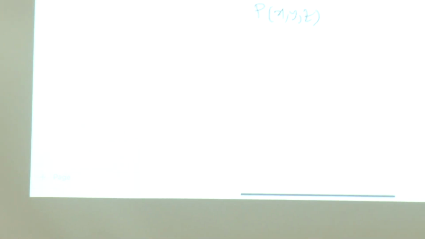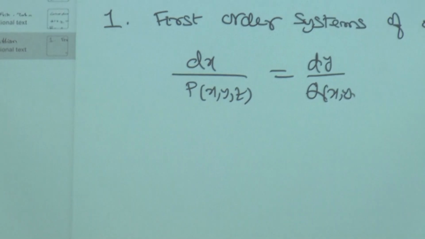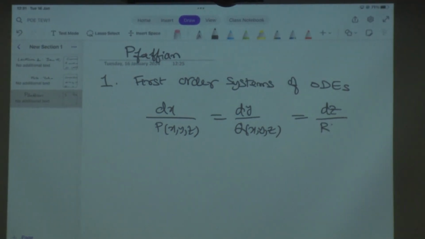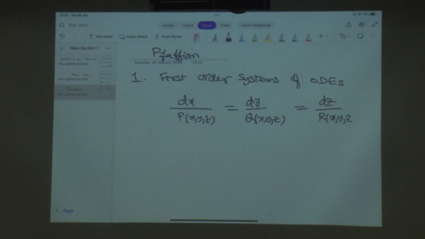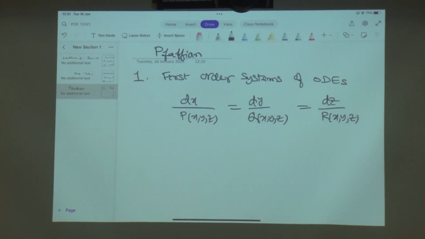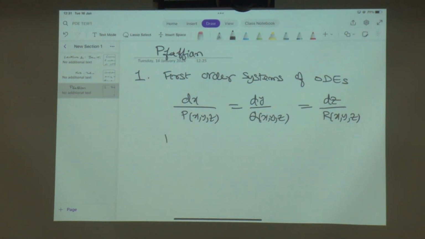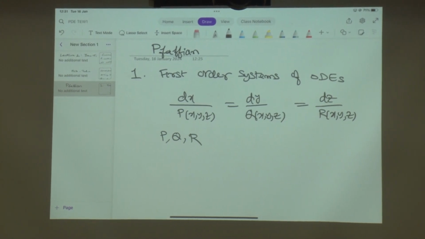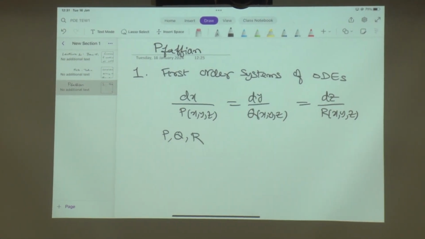Usually we see equations of this type, but what are they? That's the question. What do they represent? What does it stand for? So here we have 3 functions, P, Q and R. As you see, they are functions of 3 variables. So we assume that they are good functions.